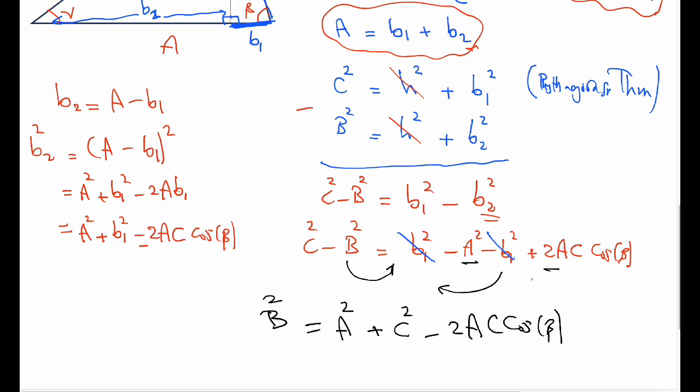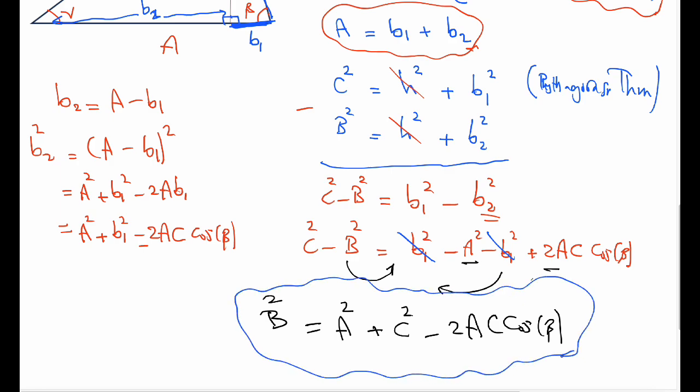And this is called the cosine law. As you can see, we were able to relate the sides A, B, and C to the angle beta.